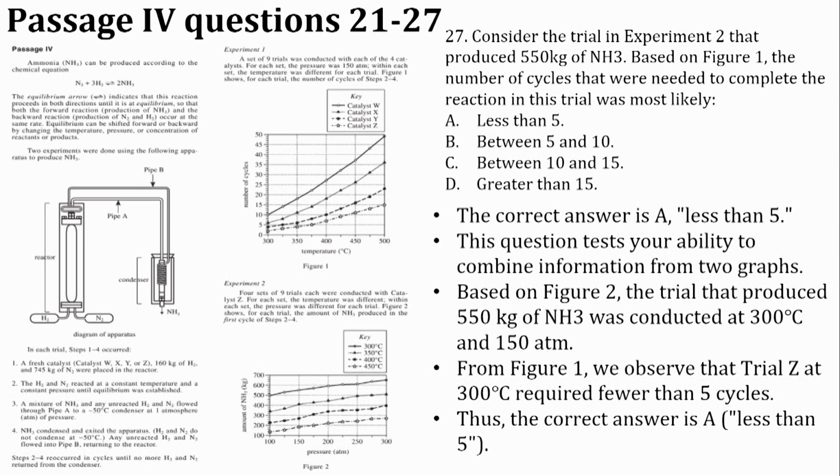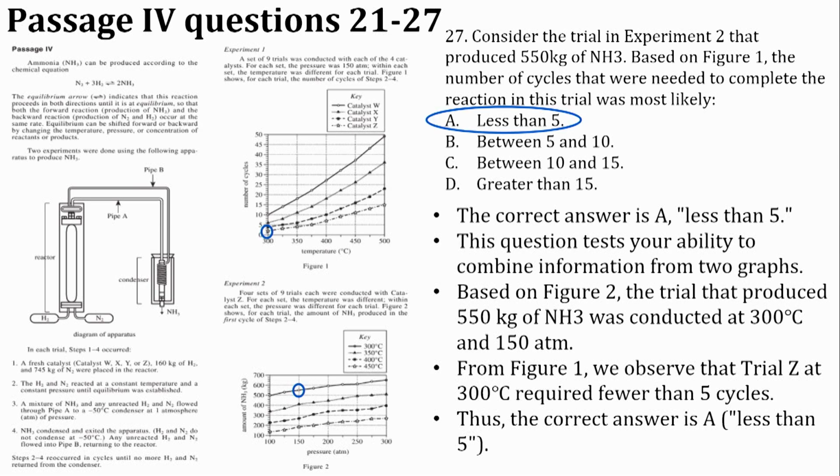This question tests your ability to combine information from 2 graphs. Based on figure 2, the trial that produced 550 of NH3 was conducted at 300 degrees Celsius and 150 atmosphere pressure. From figure 1, we observed that trial Z at 300 degrees Celsius required fewer than 5 cycles. Thus, the correct answer is A, less than 5.